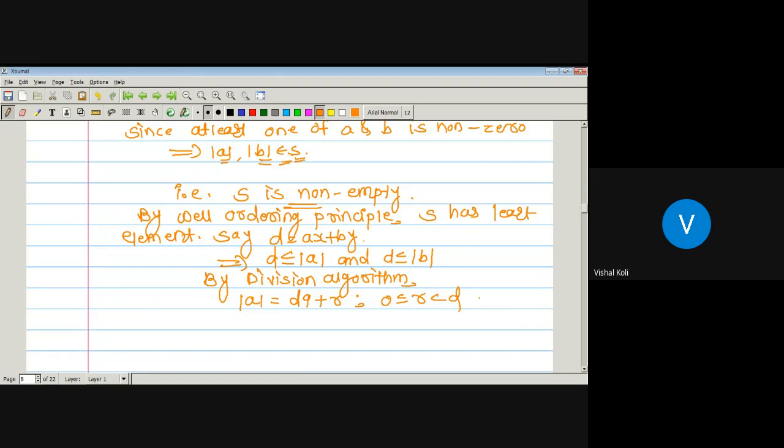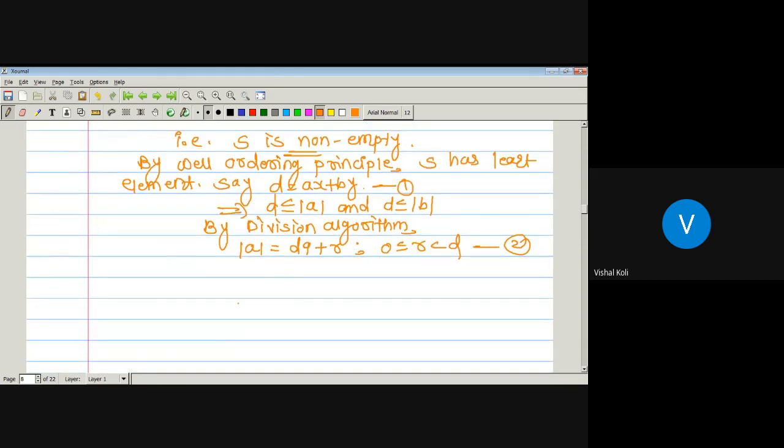Okay, so let us take this one as equation number 2 and d equal to ax plus by as equation number 1. Now find the value of r: subtract dq from both sides, then r is nothing but modulus of a minus d into q. But we know that the value of d is ax plus by. Put that value: r is modulus of a minus (ax plus by) into q.